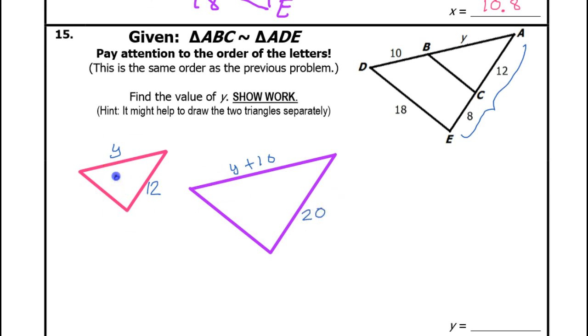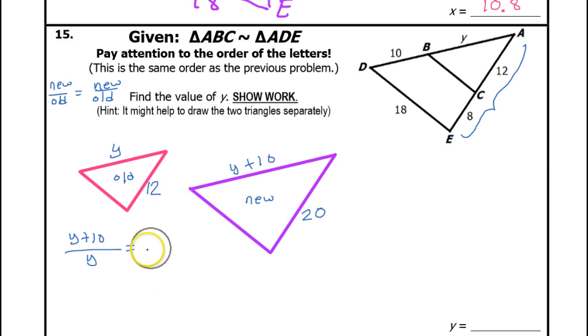Now I'm going to consider the smaller triangle to be old and the larger triangle to be new, so that I can use the pattern new over old is equal to new over old. The corresponding sides are proportional. So if I do new over old, that will be y plus 10 over y, because these are corresponding sides.